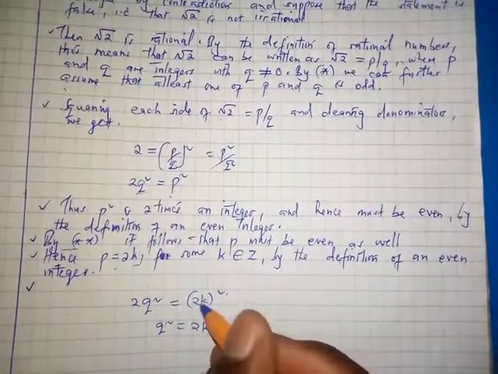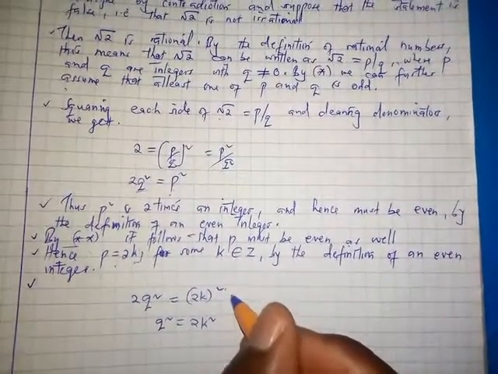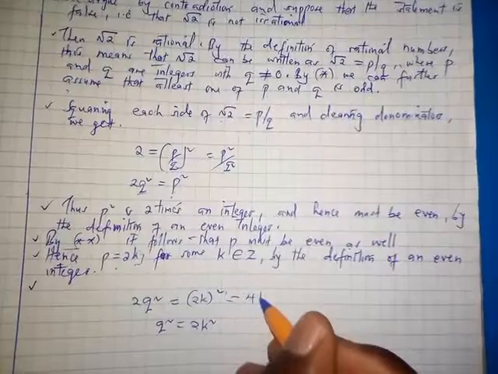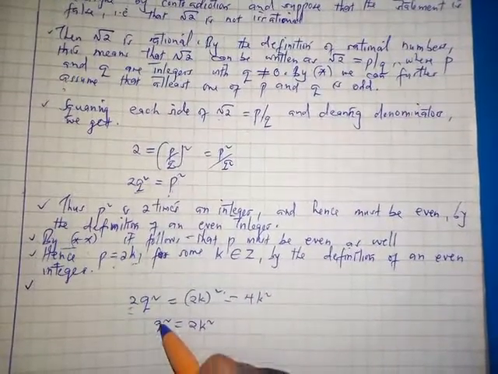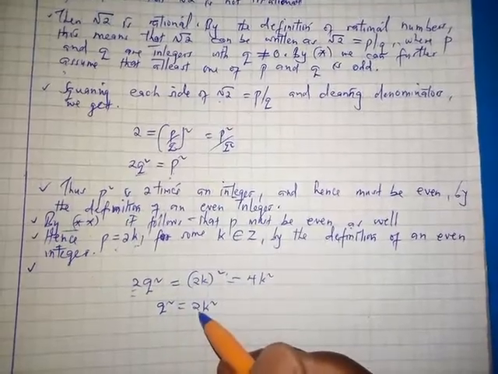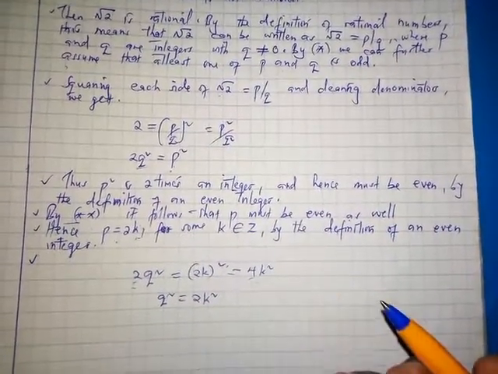Are we there? Because if you square this, it will be 4k squared, so that if you divide by 2, we remain with q squared, which is equal to 2k squared. Are we there?